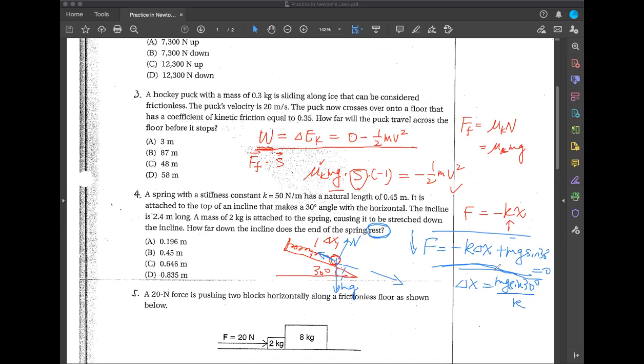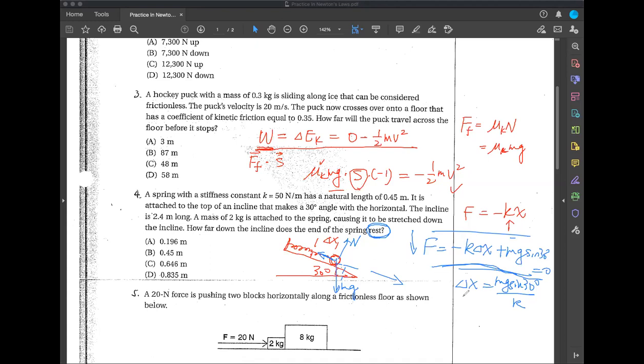Hold on, I need to do that. Sorry, I did this a while ago. Oh yeah, so you need to add the natural length.